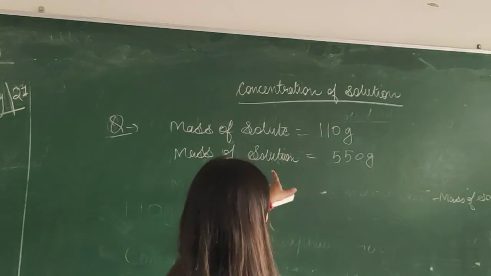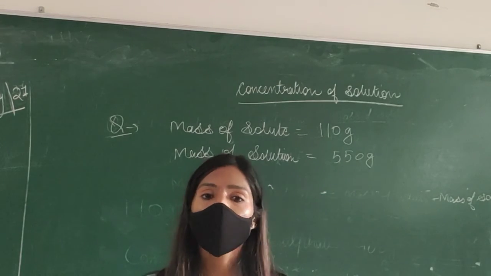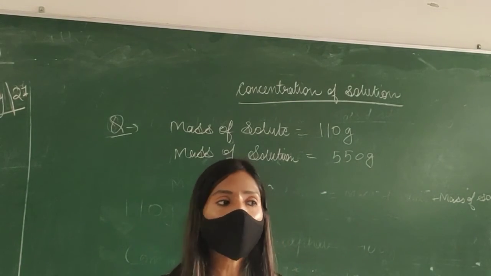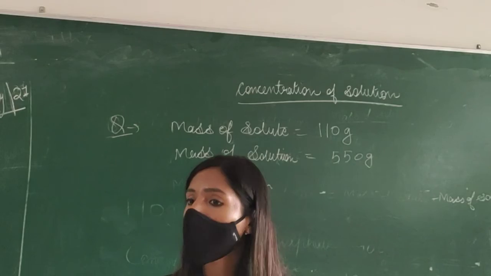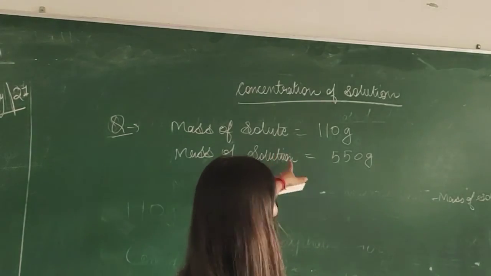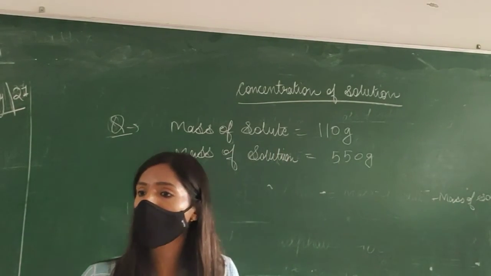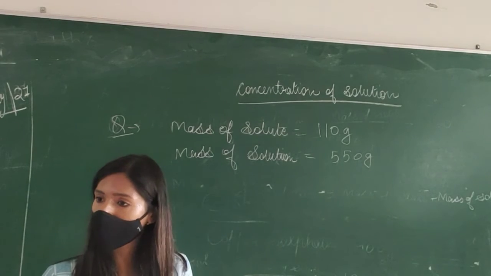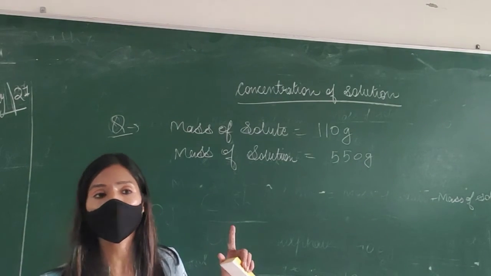So already they have mentioned the value of the mass of solution. So here we don't need to add anything. We will not do solute plus solvent. हमें add करने की जरूरत ही नहीं है. Already solution बना हुआ है. So we will just place that in the value.